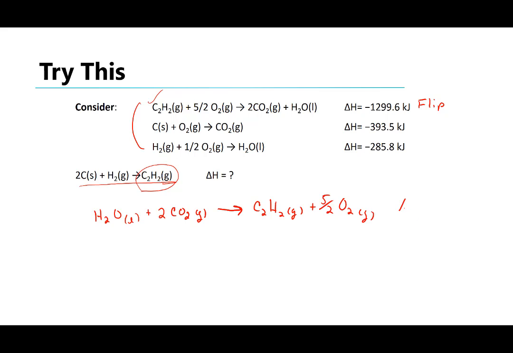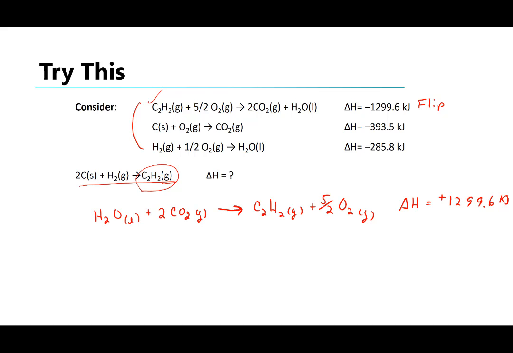When I do that, my delta H sign changes, and it's going to become positive 1299.6 kilojoules.